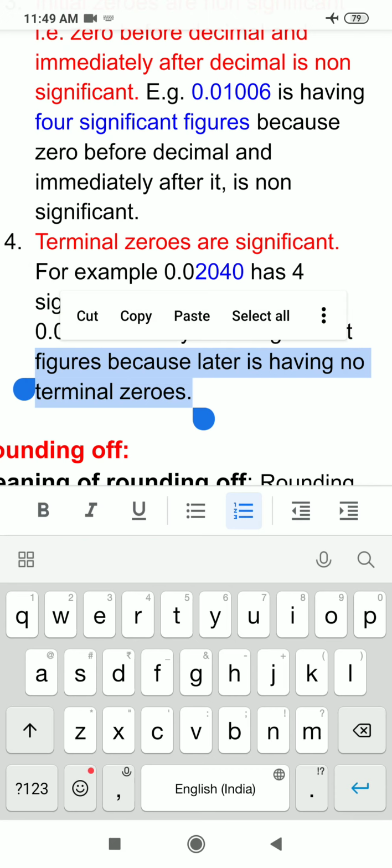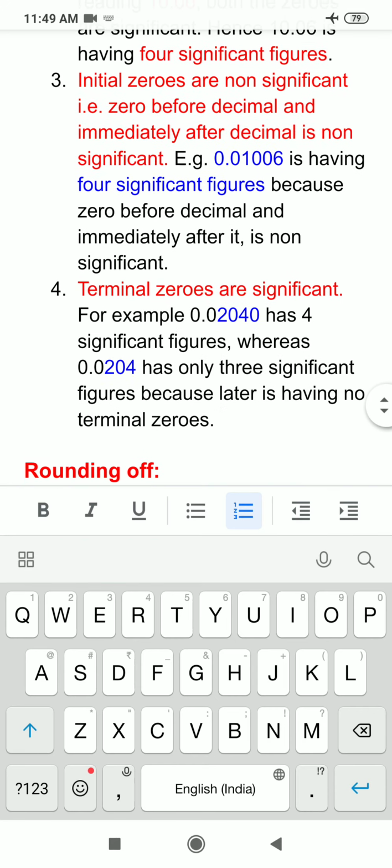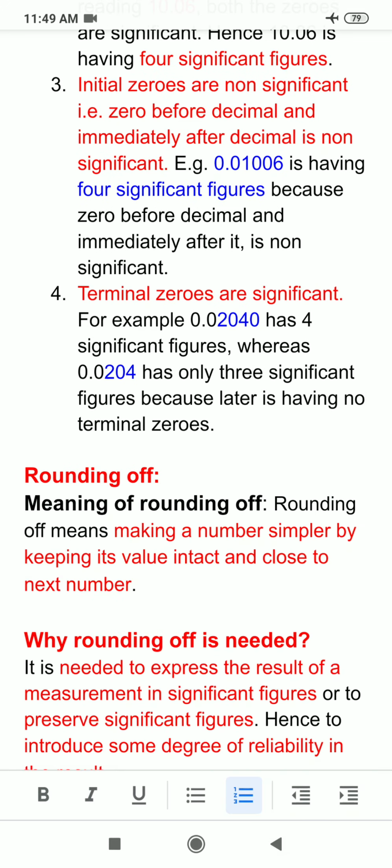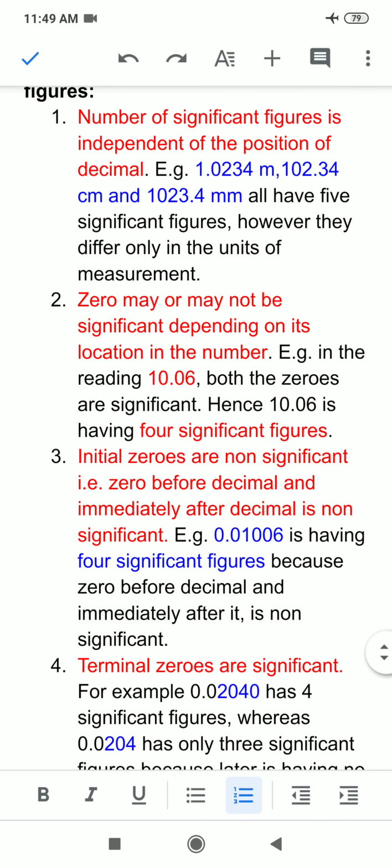Is it clear? So these were the rules for determining number of significant figures. To compile, what were these? First is number of significant figures is independent of the position of the decimal. Second is 0 may or may not be significant depending on its location in the number.